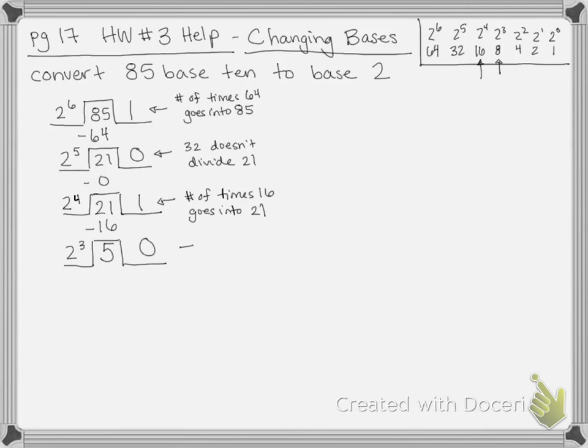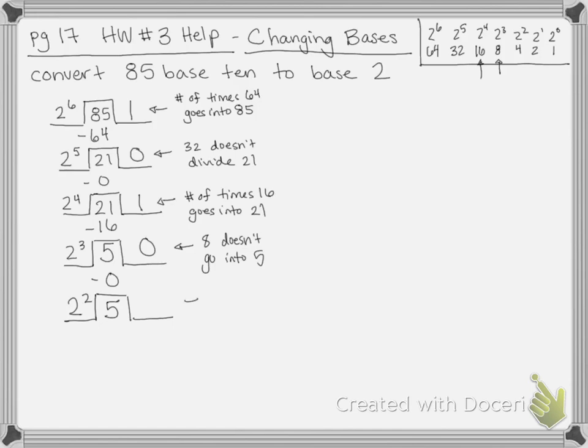And the answer is no. So 8 doesn't go into, wow, I don't know how to spell go. Or into, go into 5. So again, we're going to subtract 0. And we're going to go to 5 again and try our next power of 2, which is 2 squared.